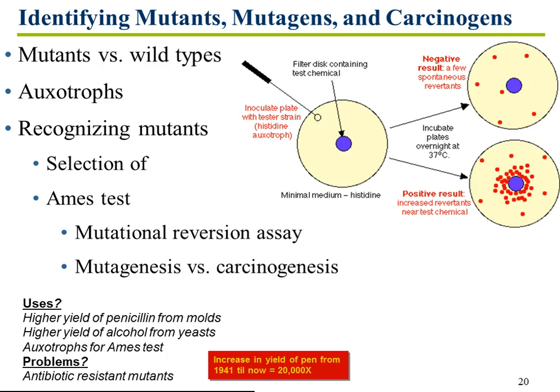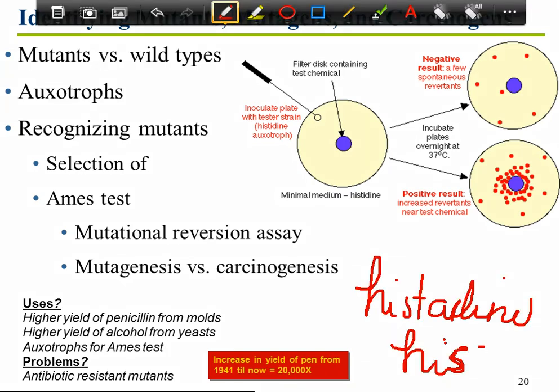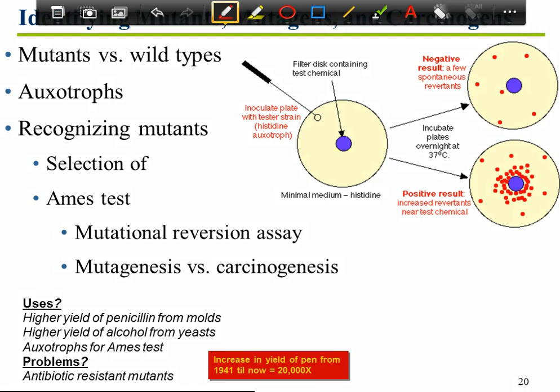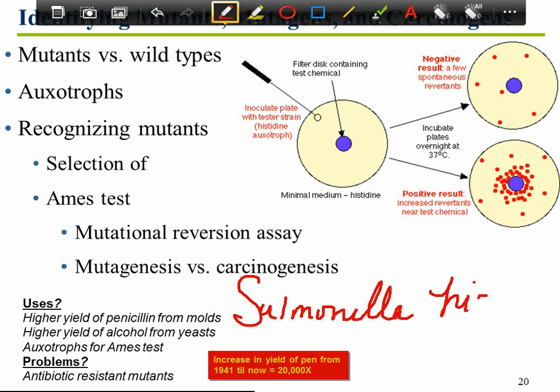We're going to use a Salmonella auxotroph. Let me show you what that would look like, at least write it out anyway. It's written out as Salmonella, that's its genus name, his negative. It's lacking the gene to make histidine.